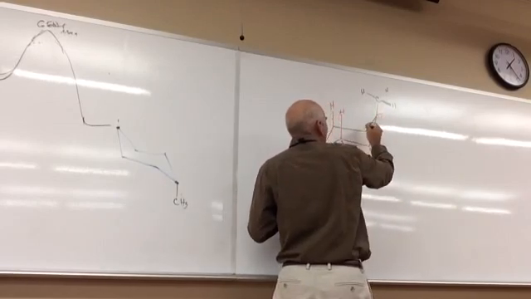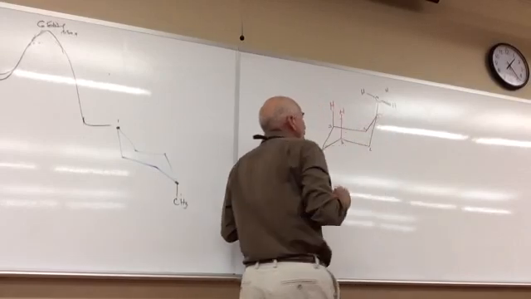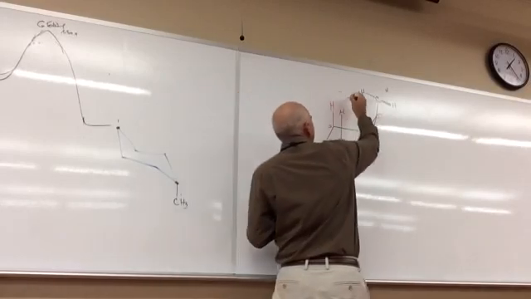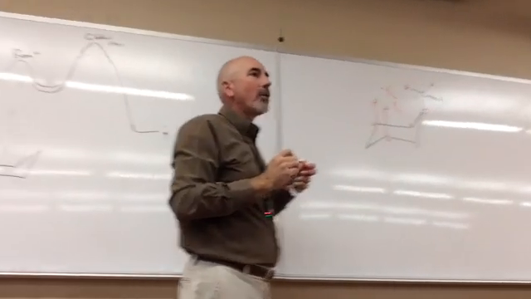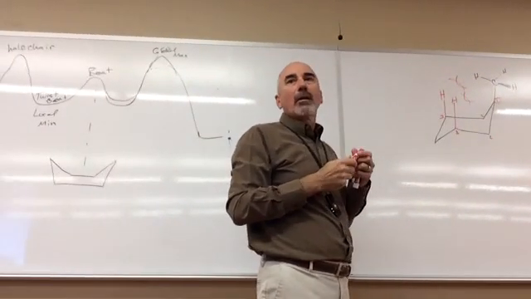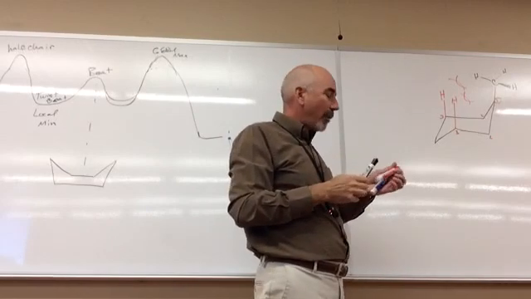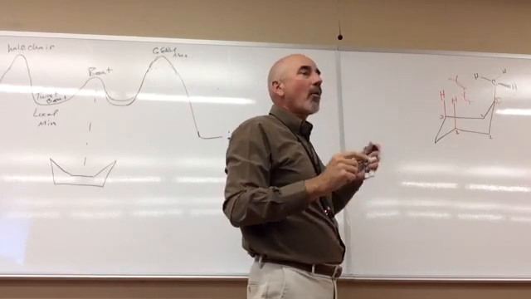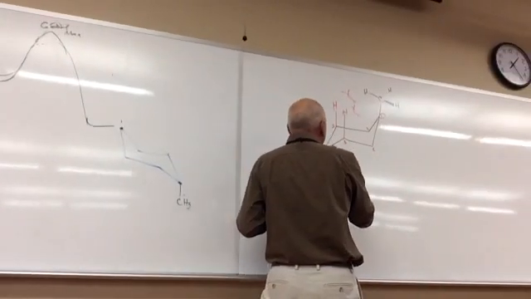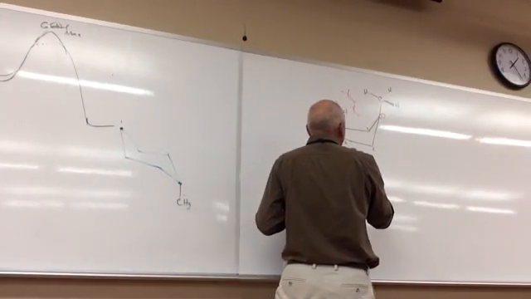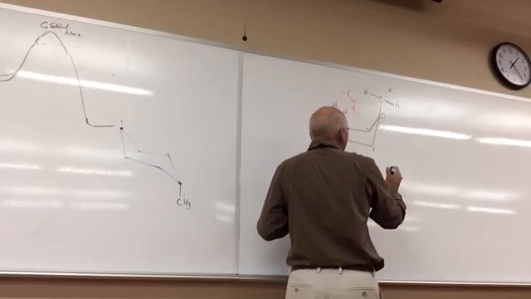And if I count the other way, 2 away from that one is 3. And this is where the hindrance comes, between those other axial hydrogens. So the best answer is, the reason why axial is less stable is because of 1,3 diaxial repulsion.